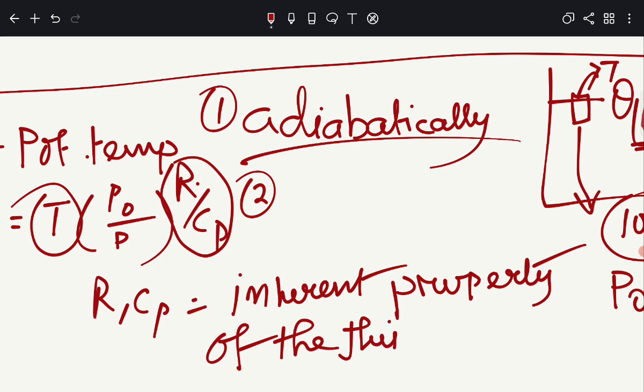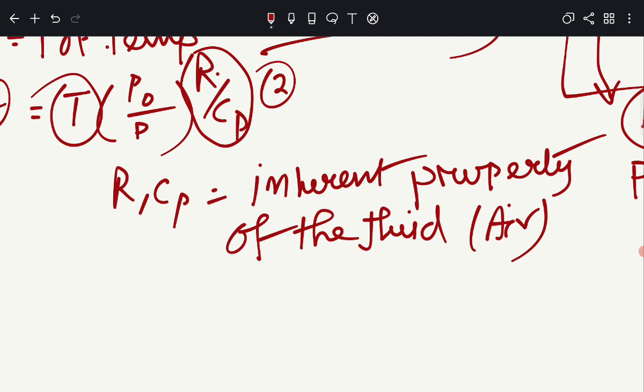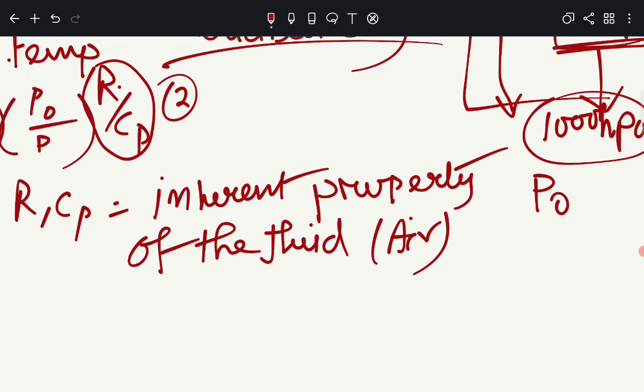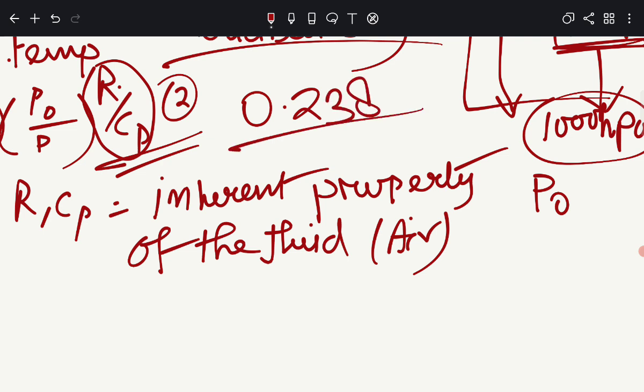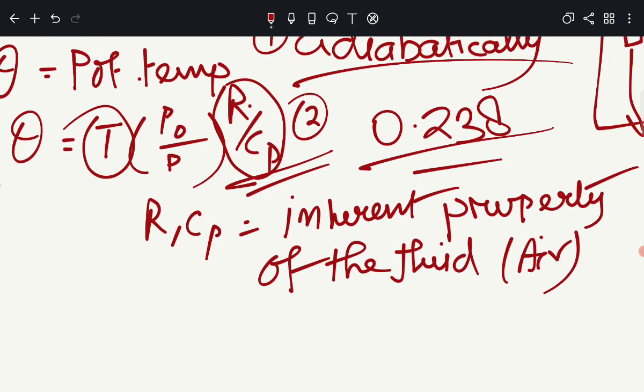And for us, what is the fluid? Fluid is air, the air parcel. So what we have with us is R and Cp, and on that basis this comes as a constant, 0.238 or something like that, but I'm not sure.